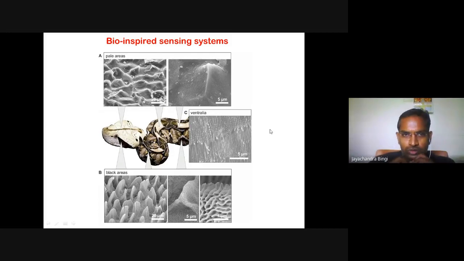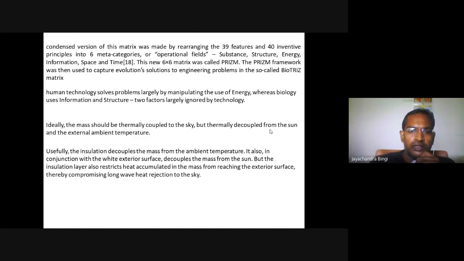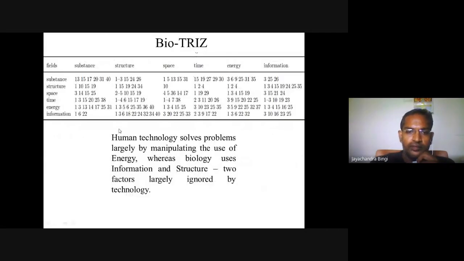If you had gone through the TRIZ method, you must have read this line: human technology solves problems largely by manipulating the use of energy, whereas biology uses information and structure, two factors largely ignored by the new technologies. That is, we generally ignore those things, information and structure. It may appear very simple, but it is not that simple.